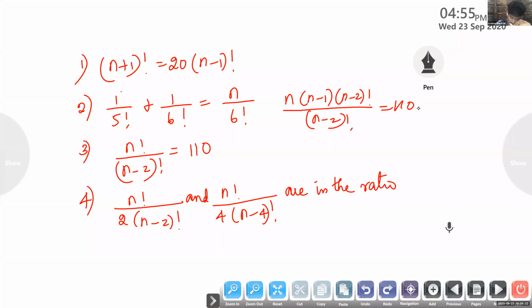Then find n from that. So we will get n minus 11 and n plus 10, that is n equal to 11 or n equal to minus 10. Okay, so on solving this, you are getting n is equal to 11 or n is equal to minus 10. So the possible value is 11. So you have to mention that one. n is equal to negative 10 is not possible.